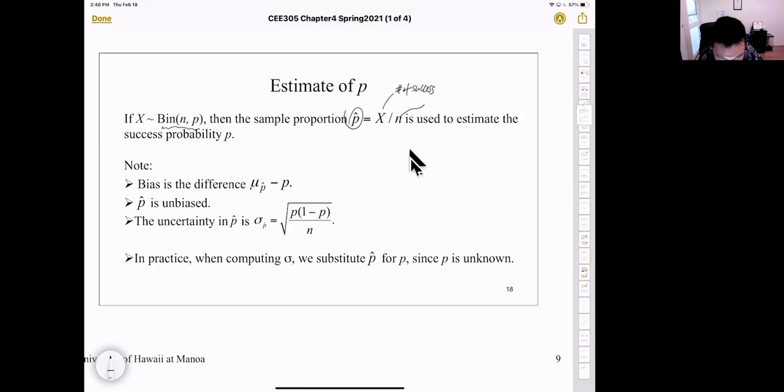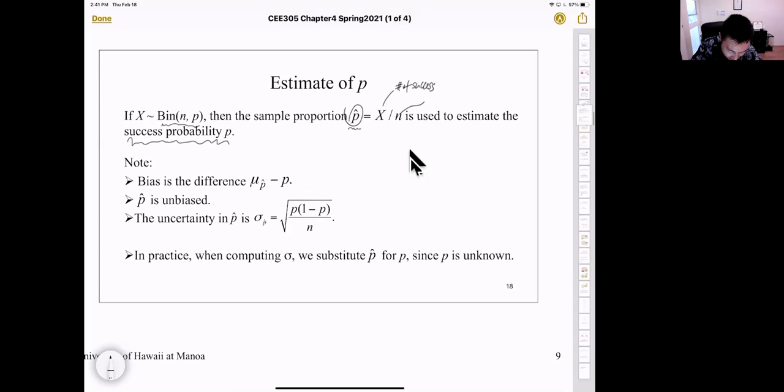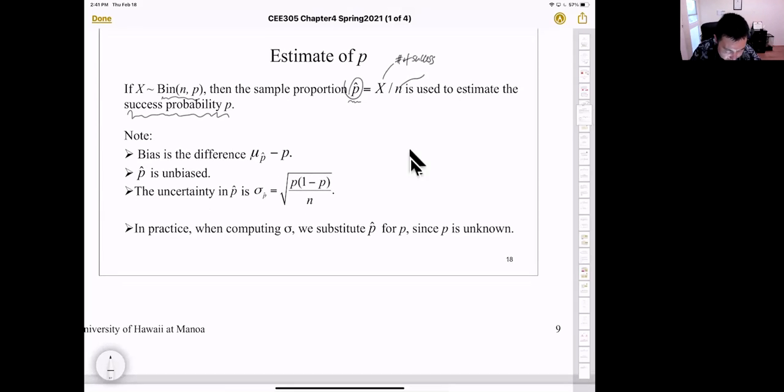So we can use the sample proportion to estimate the population success probability p, because every time, depending on the sample, it will give a different sample proportion. So that's only an estimation.